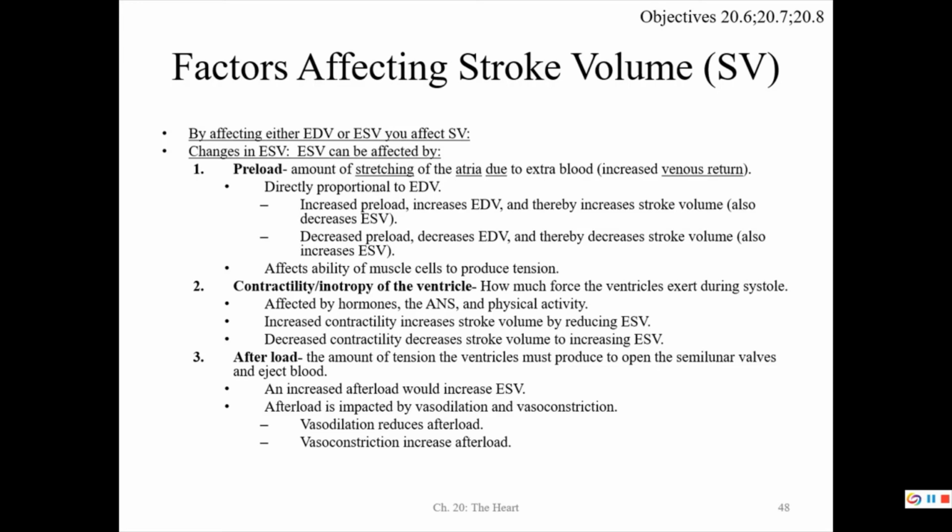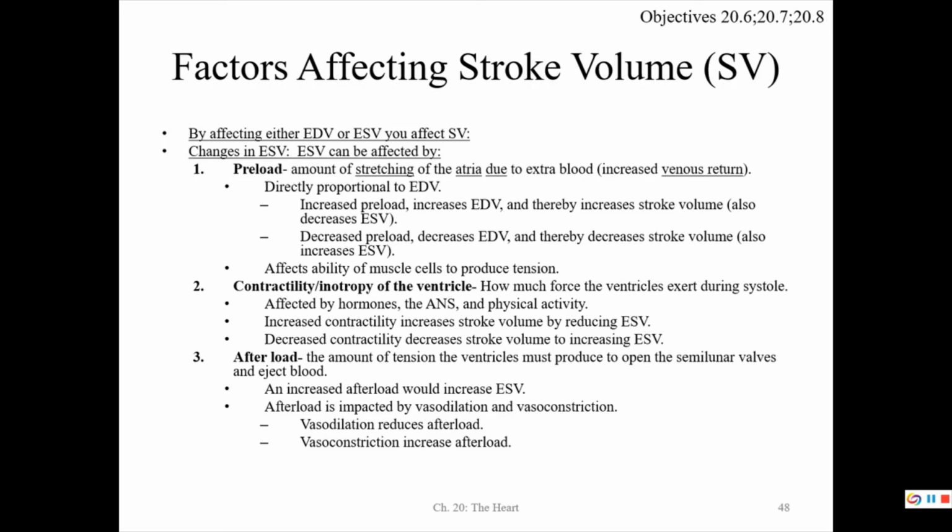Now that means that if I increase this, my EDV goes up, my stroke volume goes up, and also ESV will typically go down, because the heart undergoes a reflex that makes it squeeze harder. If you decrease the preload, EDV goes down, stroke volume goes down, and ESV usually goes up because the heart won't squeeze as hard.